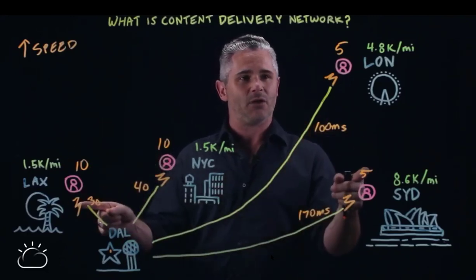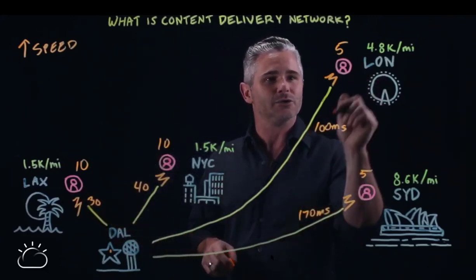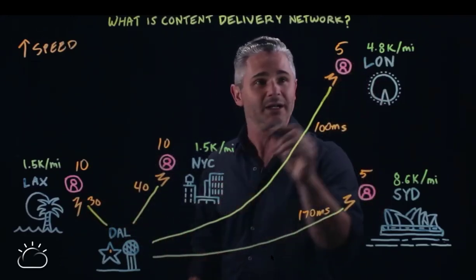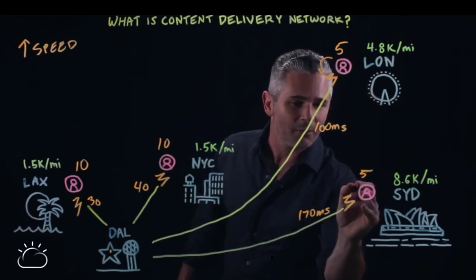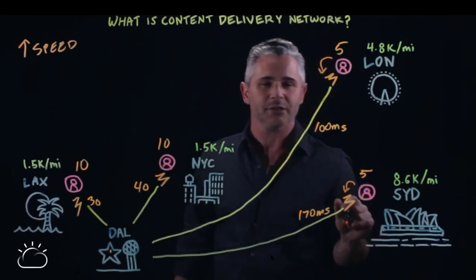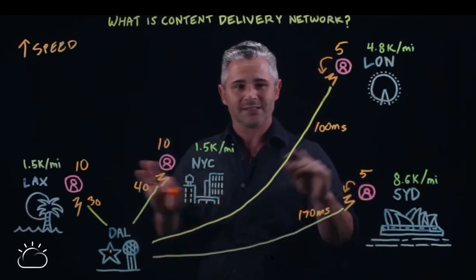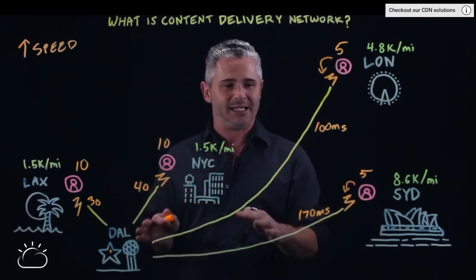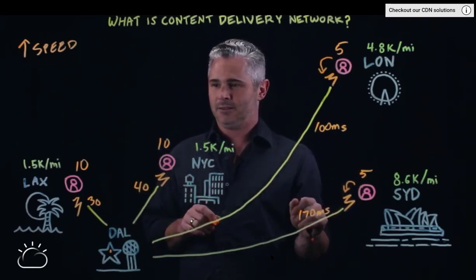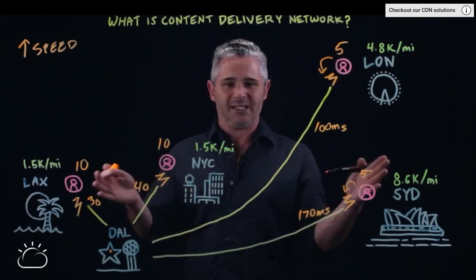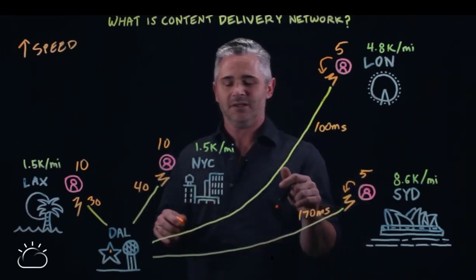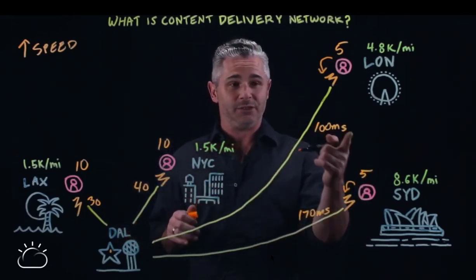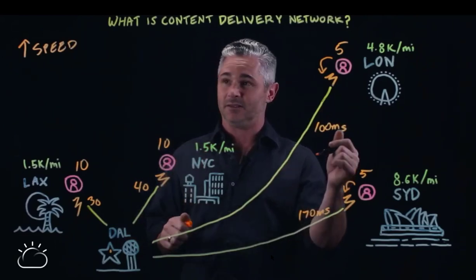It's now then distributed all around the world, and our users in London now, instead of going all the way to Dallas, are able to retrieve that content directly from their closest geographical location, drastically reducing the amount of time that it takes to retrieve that content. So as you can see here, it's very basic how a CDN is able to provide benefits to the end user by reducing the amount of time that it takes to deliver the service.